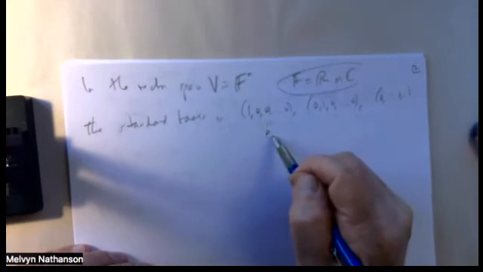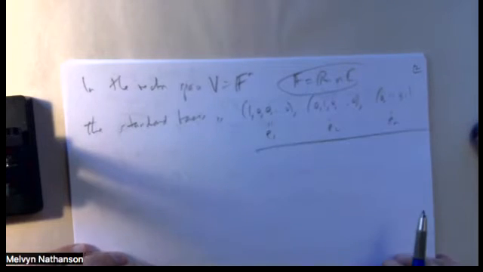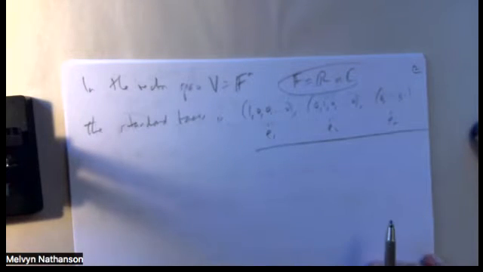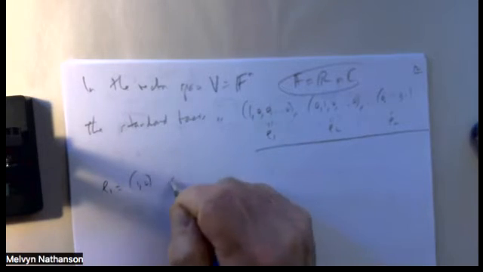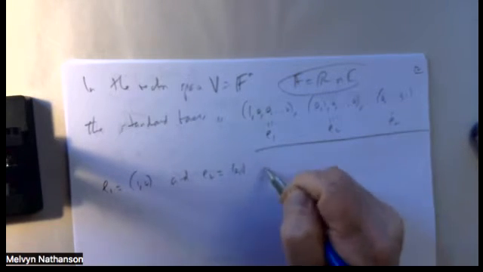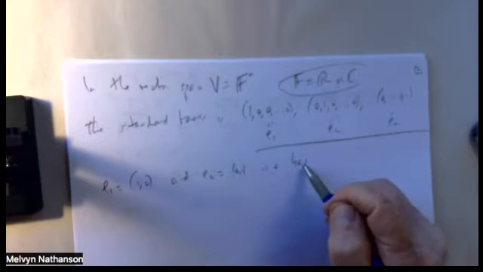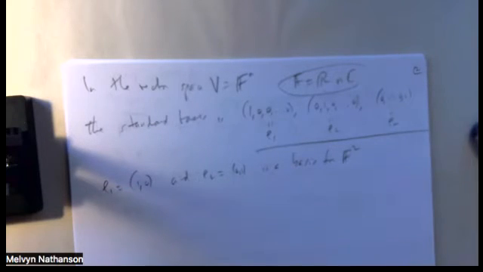This is often called E1, E2, and so forth up to En, but in advanced calculus, certainly in Calc 3, this is what you would have seen. So for example, E1 equals (1, 0) and E2 equals (0, 1) is a basis for F2.